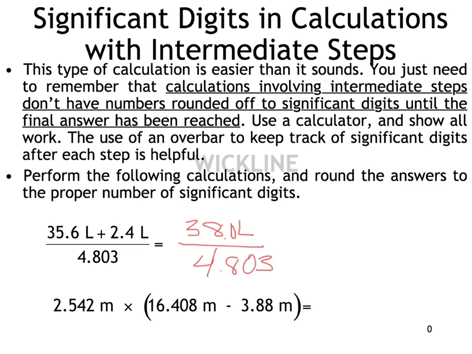So when I go down here to do the division, I have a number that has 3 significant figures and another number that has 4. So I'm just going to go ahead and do that division now. I'm going to do 38.0 divided by 4.803, and I'm getting like 7.911.